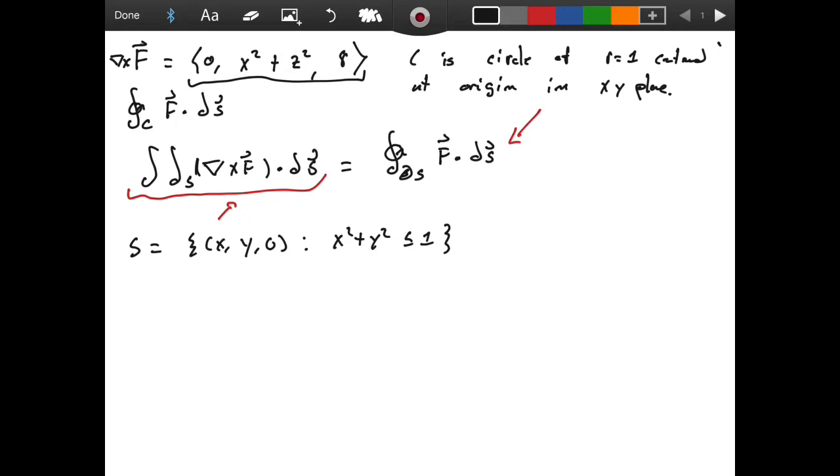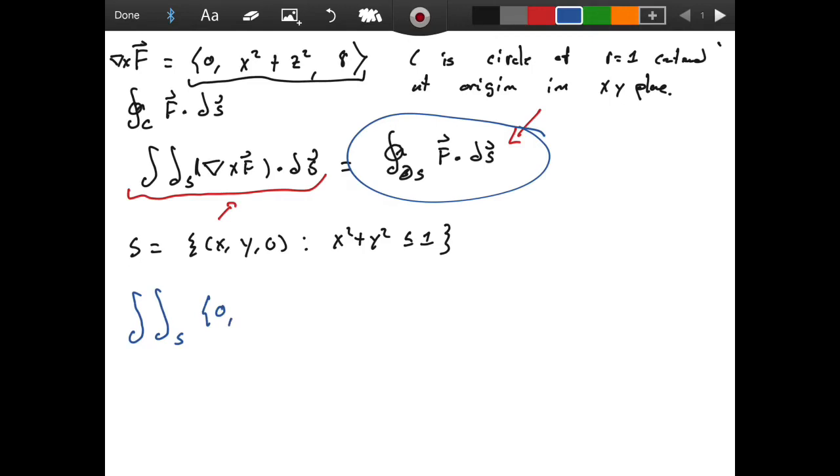The boundary of that disk is equal to the circle of radius 1 in the xy plane. So what it means is that this line integral is equal to the surface integral over S of the curl of f, which is 0, x squared plus z squared, 8, over this surface.